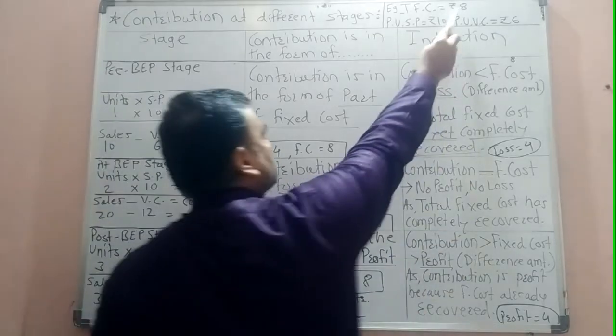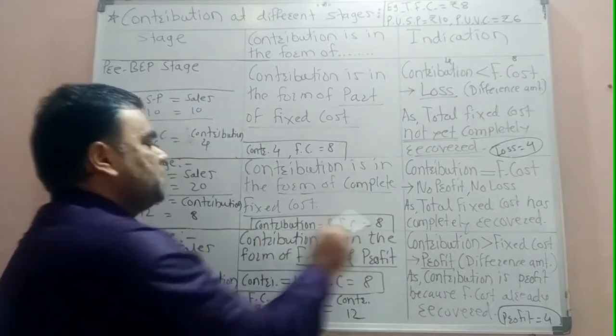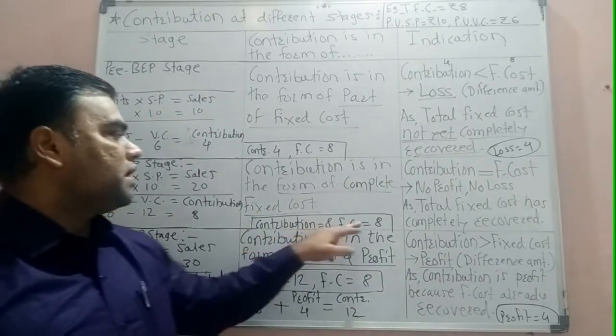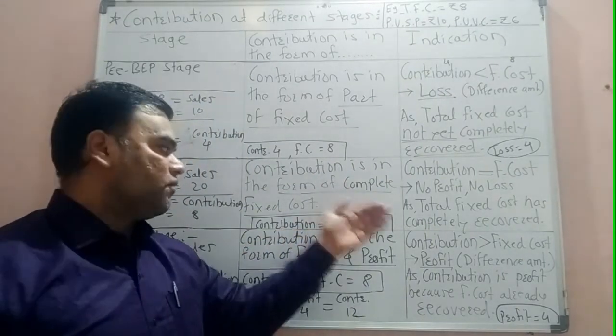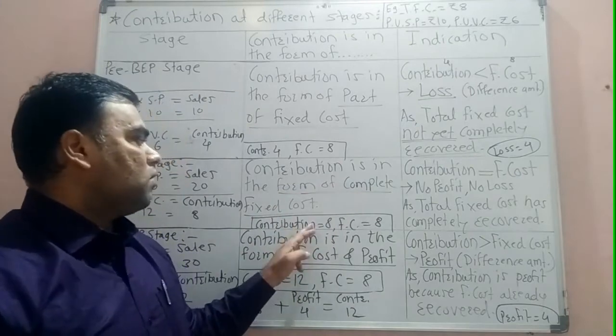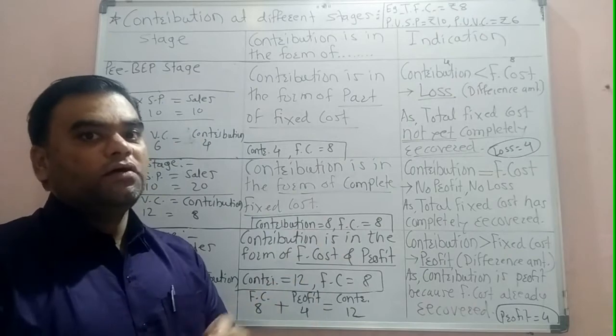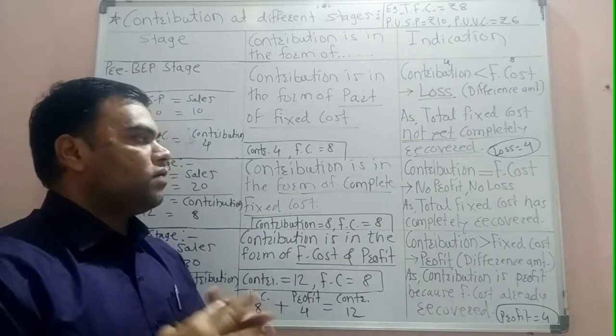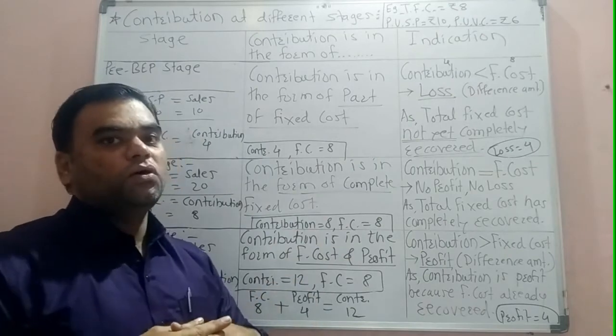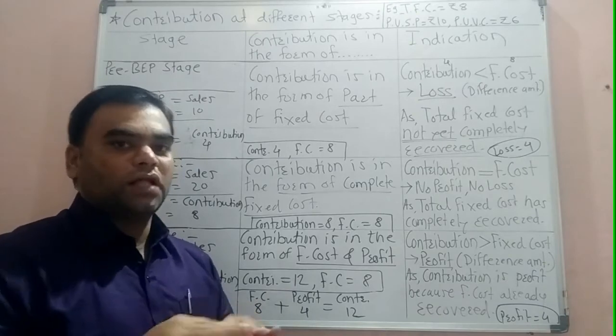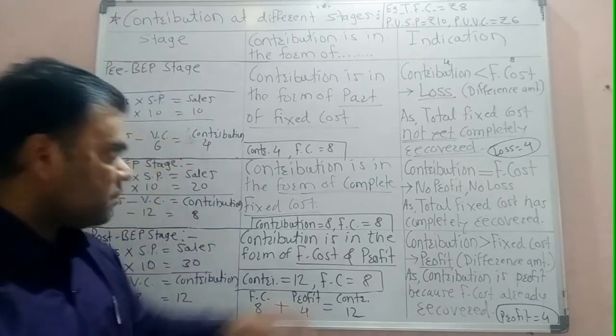Our complete fixed cost is ₹8, contribution is also 8, so the contribution is utilized to recover our total fixed cost. So we have recovered total cost, variable cost and fixed cost also. So our total sales and total cost are exactly equal.